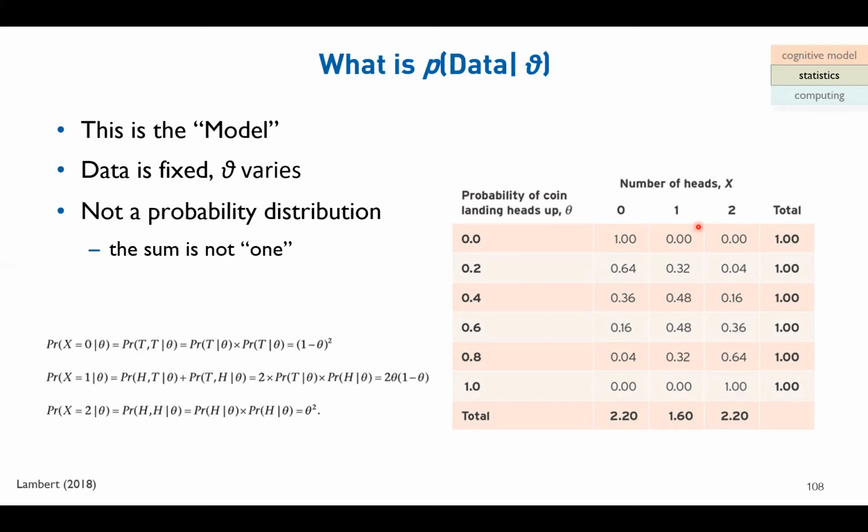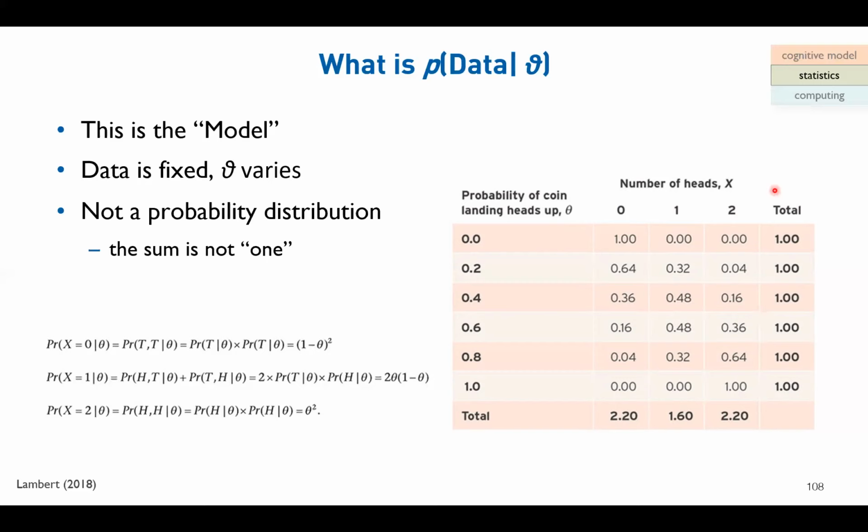Doesn't matter the order. It can be head, tail. It can also be tail, head. So this is another possible outcome after the 2 times of experiments. And then this column means head, head. So those 3 columns are the possible outcomes of the 2 times of coin flipping.